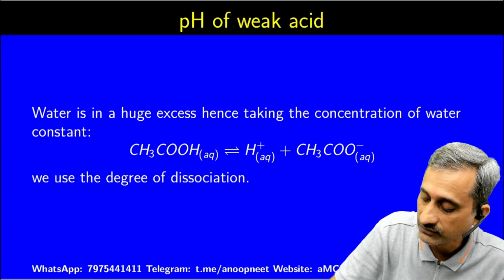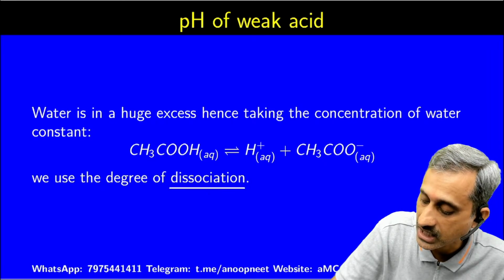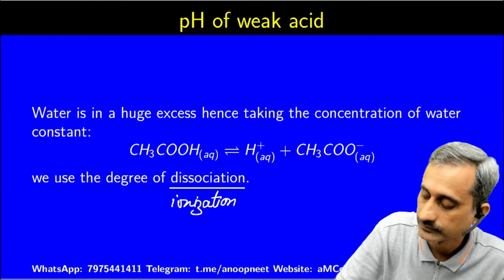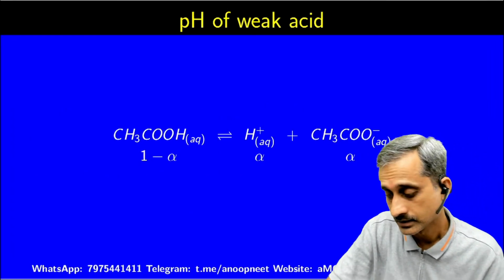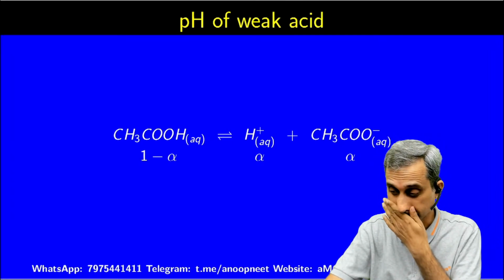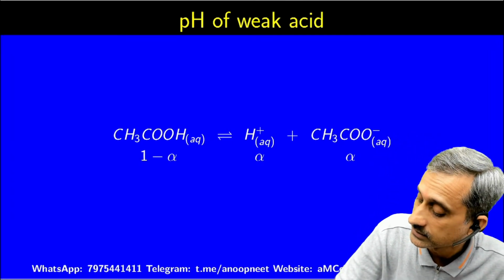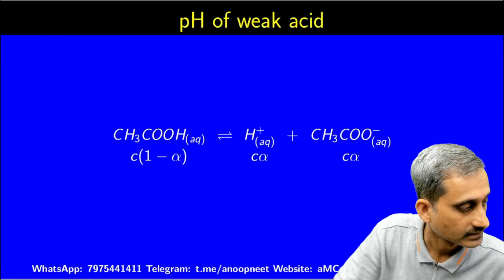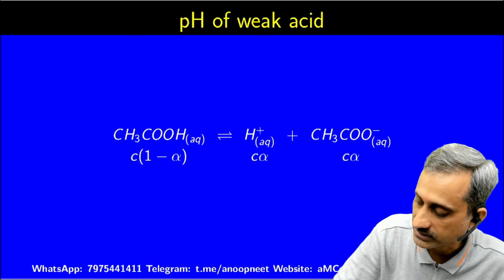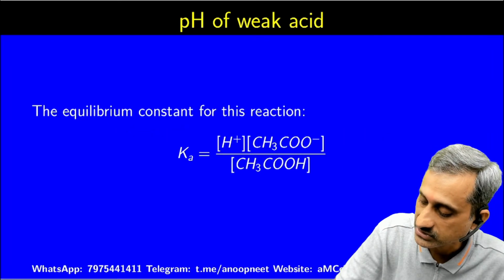We use the degree of dissociation, or you can use the word ionization. And here we have 1 minus alpha, alpha, alpha. C into 1 minus alpha, C alpha, C alpha. So here we have the value of Ka.